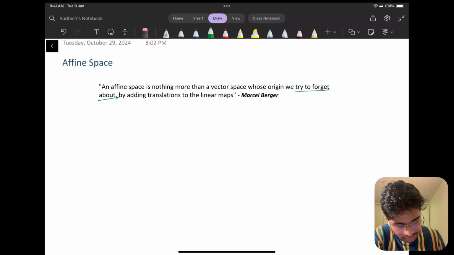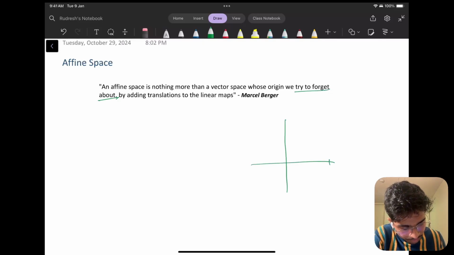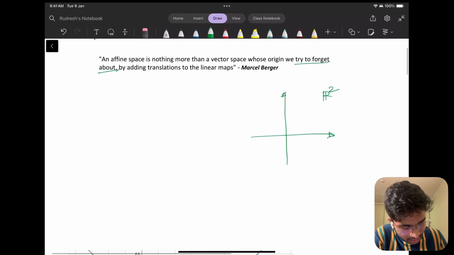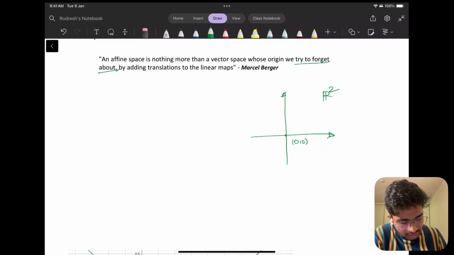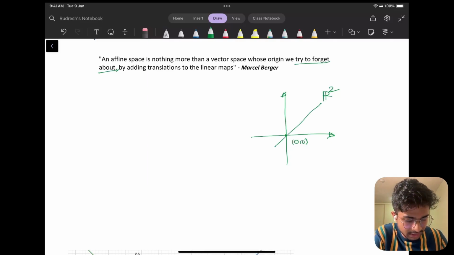Let's say when we actually talk about a space, let's take this R2 vector space. This space actually comes with the choice of origin, which is a very distinguished point in this space, in such a way that even if you apply a linear transformation, the origin won't change, and all the vectors and the lines that go by actually pass through the origin.